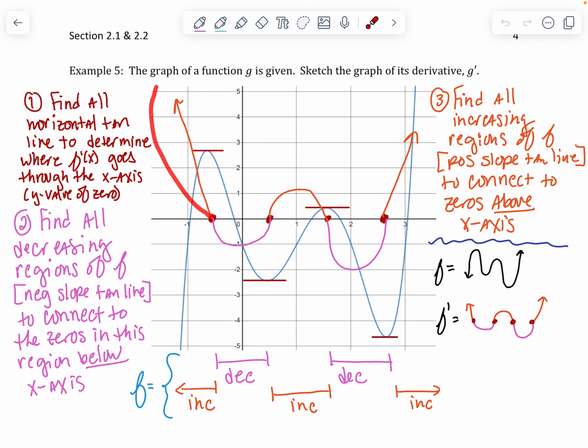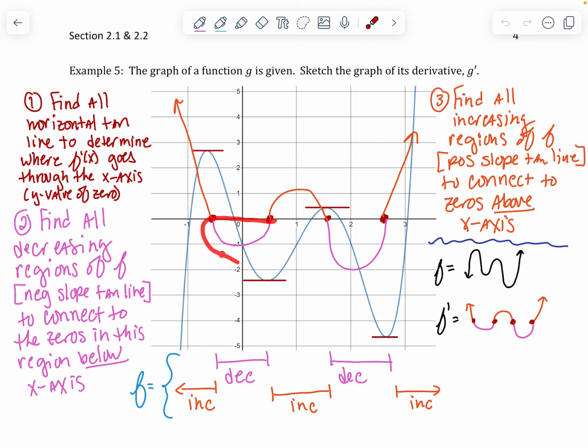Now, true, it could be curved, it could be very flat, it could be very steep, but really all we're looking for is that to the left of this, your curve, in my case the orange piece, is above the x-axis. In between my next two horizontal tangent lines, my graph dropped in between those two regions.